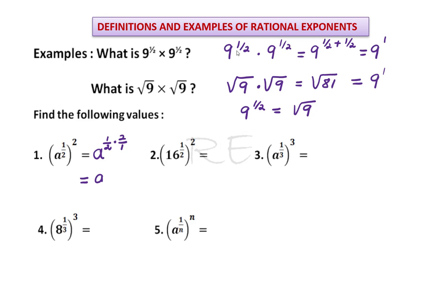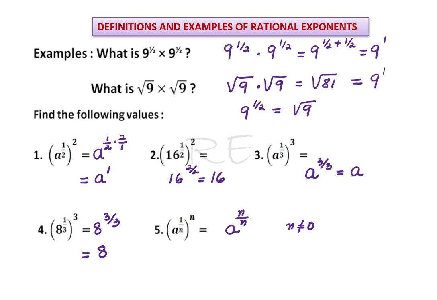The same way, square root of a squared is a. 16 to the 1/2 to the second is 16 to the 2 over 2, which is 16. 8 to the 1/3 to the third is 8 to the 3 over 3, which is 8. 8 to the 1 over n to the n is equal to 8 to the n over n, which is 8, if n is different from 0.